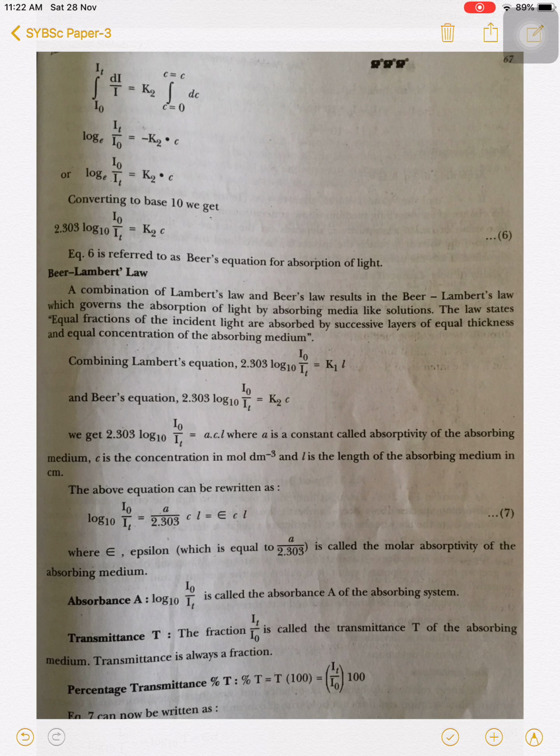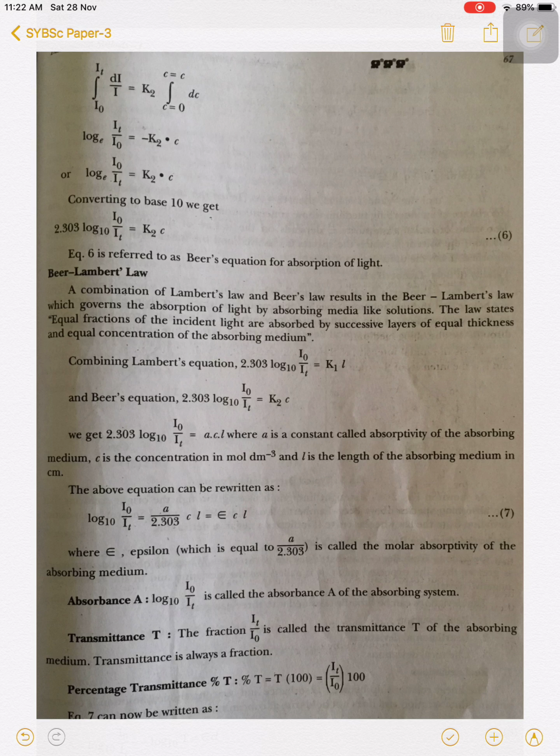This law states that equal fractions of incident light are absorbed by successive layers of equal thickness and equal concentration of the absorbing medium. According to this law, the fraction of light absorbed by the solution depends upon, first, the thickness of the absorbing medium, and second, the concentration of the absorbing medium.